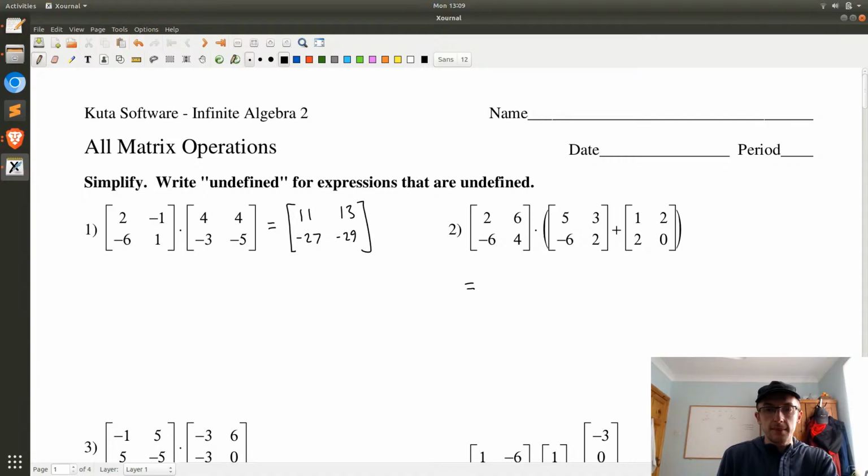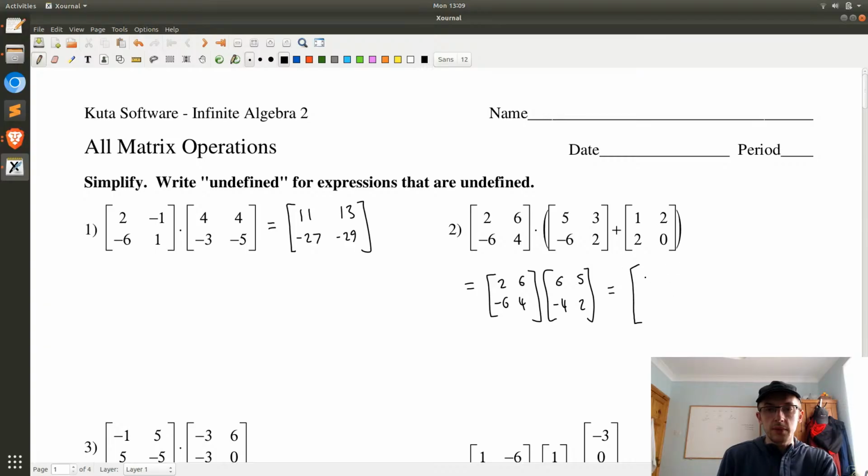What next? Well, we have to add a pair of matrices here and then multiply by the 2 by 2. So we'll do that. We'll do 2, 6, -6, 4. And simply add these together. So we get 6, 5, -4, and 2. And then scalar multiply.